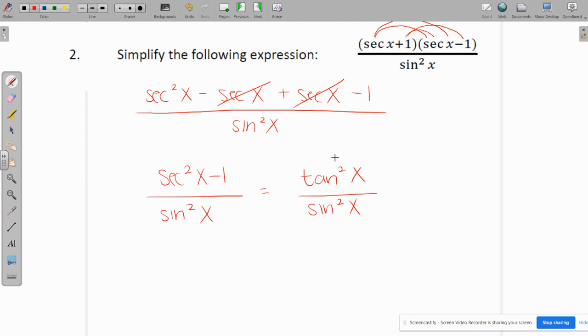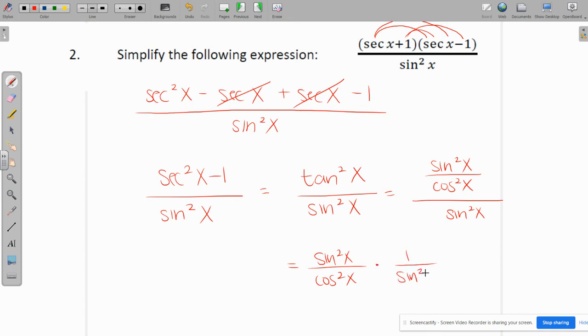The last thing we want to do is simplify this. I know that tangent squared is equal to the sine squared of x divided by the cosine squared of x. And then we're taking that and dividing it by sine squared of x. Dividing by the sine squared of x is the same thing as taking this and multiplying by 1 over the sine squared of x, right?